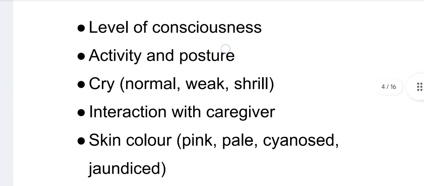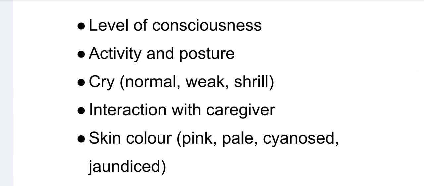Then activity and posture. Is this child able to move the limbs? Are they able to utter some words, if they have reached an age appropriate for saying some words? Are they able to cry? Is the cry normal, weak, or shrill? When it's shrill, maybe you can suspect some respiratory distress or other respiratory issues.